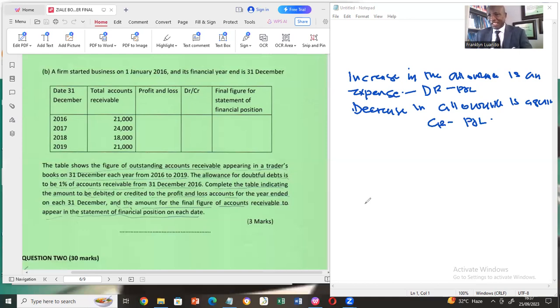If those are written off, and if they are not yet deducted from the receivables, when calculating the allowance for receivables they must be deducted. If they have already been deducted, then no adjustment is required. Very important. So now we can go to the question here.